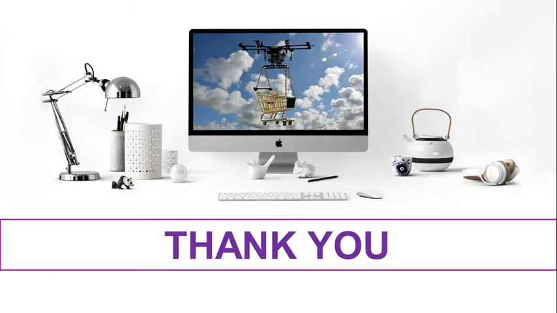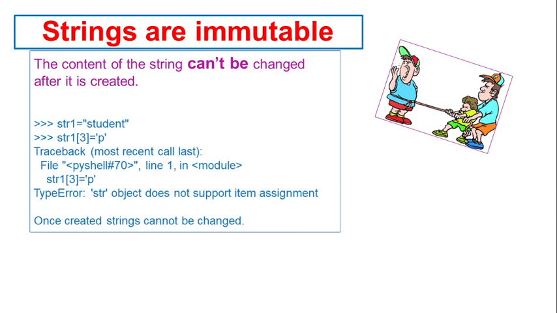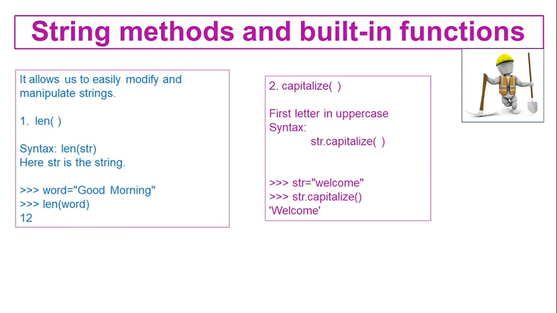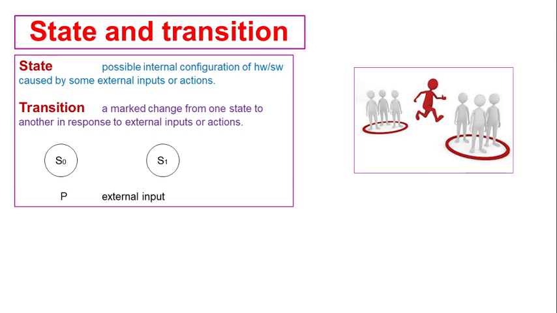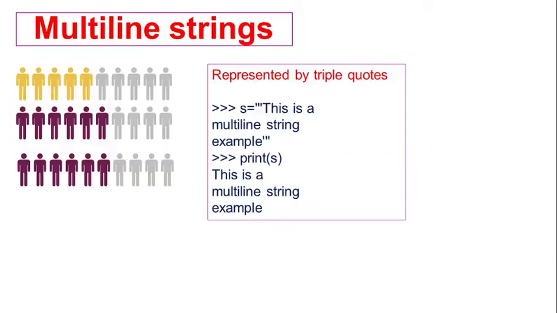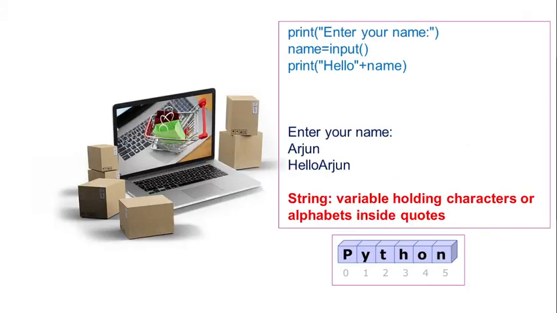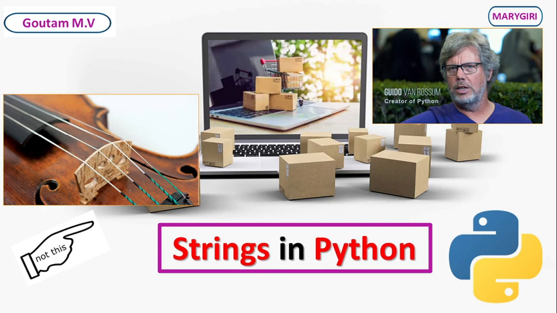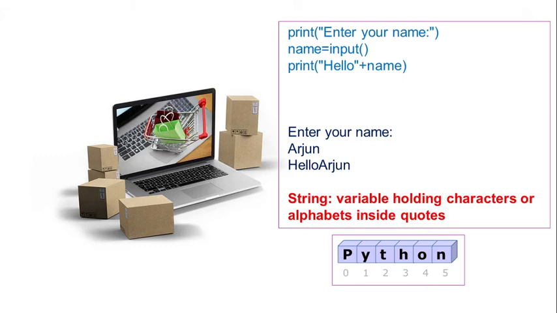So, these were the topics for the day, for the session, okay: string methods and built-in functions, and state and transition. So, this is all about our fourth chapter, strings in Python, and we have almost come to the end of the chapter, okay. So, let us have a quick revision. As I am always telling you, this is one of the most important topics in every programming language, especially in Python, okay.